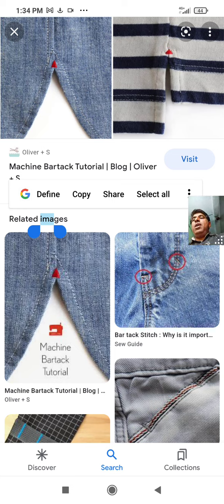So wrong size zipper, not designed for stress. Suppose you are constructing 10 kg jeans, and your zipper is very light or less powerful or not enough to hold the stress of it. So that is wrong size zipper.